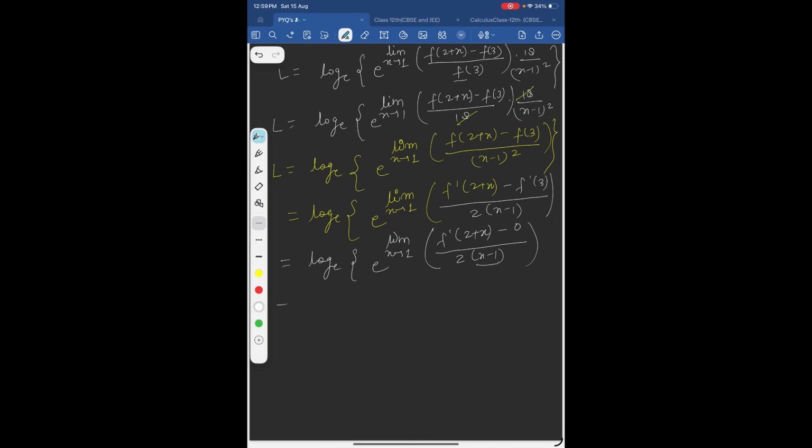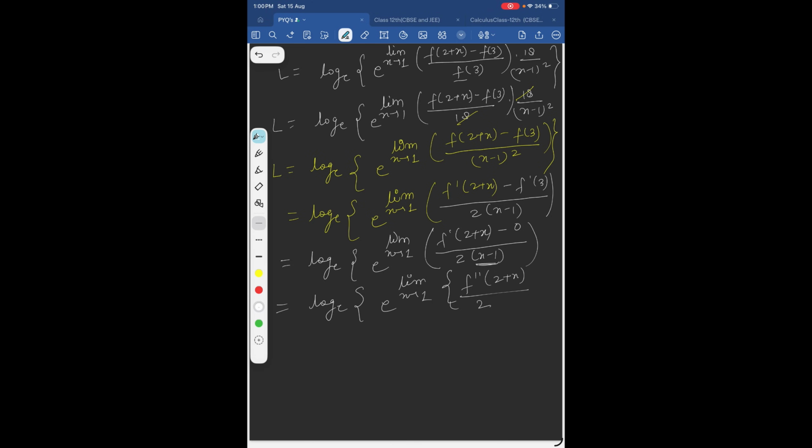So after applying L'Hopital again we get log base e power limit x tends to 1 of f''(2 plus x) divided by 2, since the differentiation of 2(x minus 1) is 2.